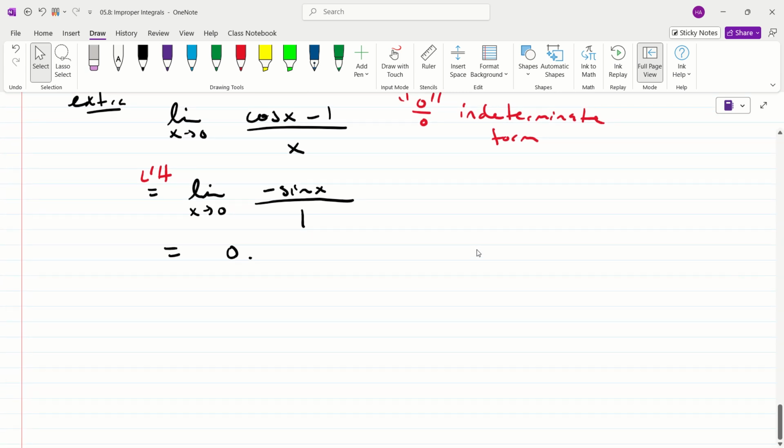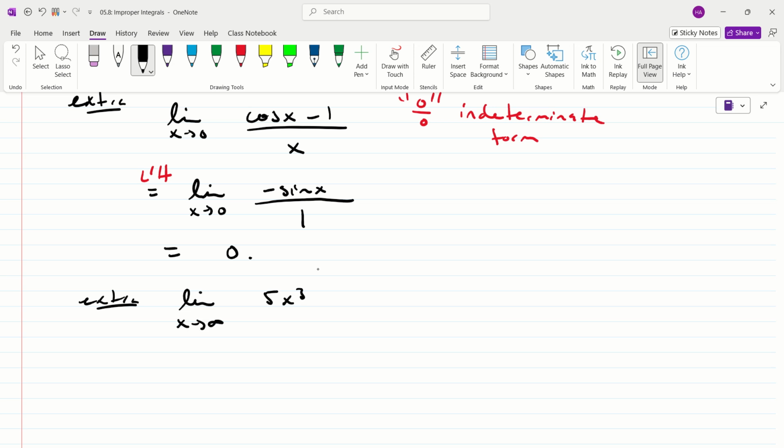L'Hopital's rule also works when dealing with limits as x goes to infinity. So in this extra problem, consider us wanting to take the limit as x goes to infinity of 5x squared plus 2x minus 3 divided by 7x squared plus 1x minus 2.